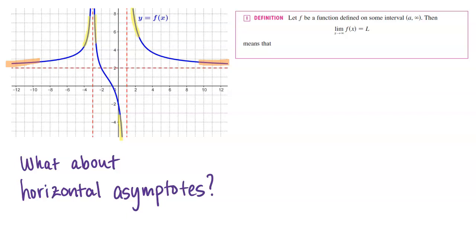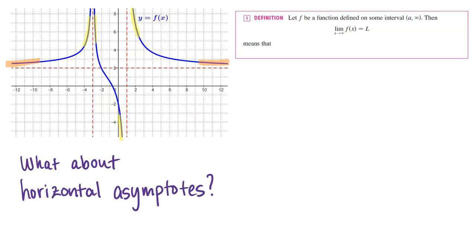Here, let f be a function defined on some interval a to infinity. So this is saying we're looking from any number we like and then out towards infinity. And we're imagining what happens as x approaches infinity rather than as x approaches a finite number.